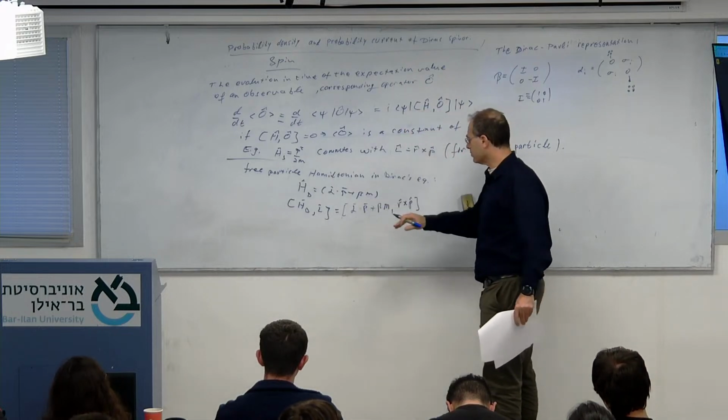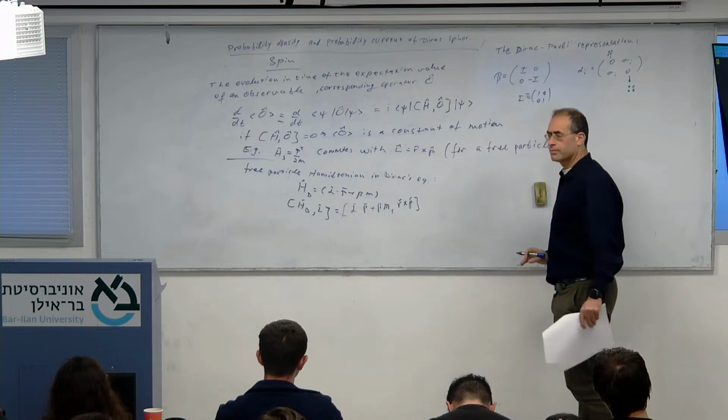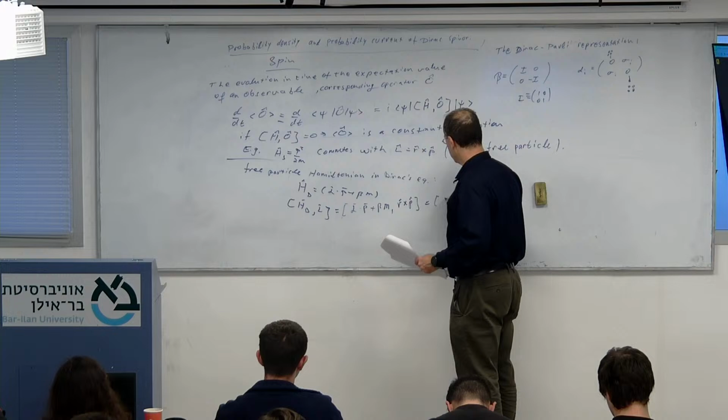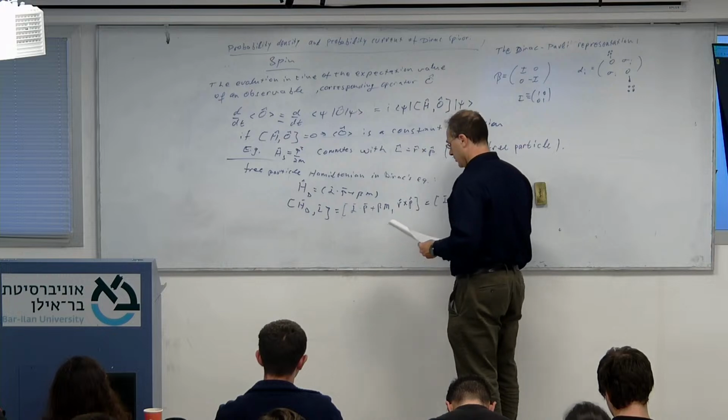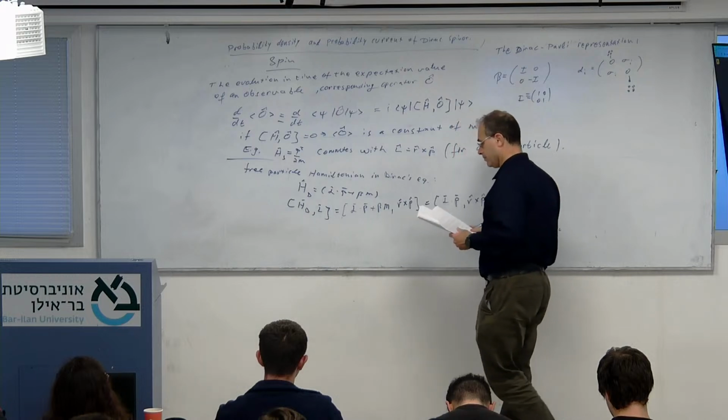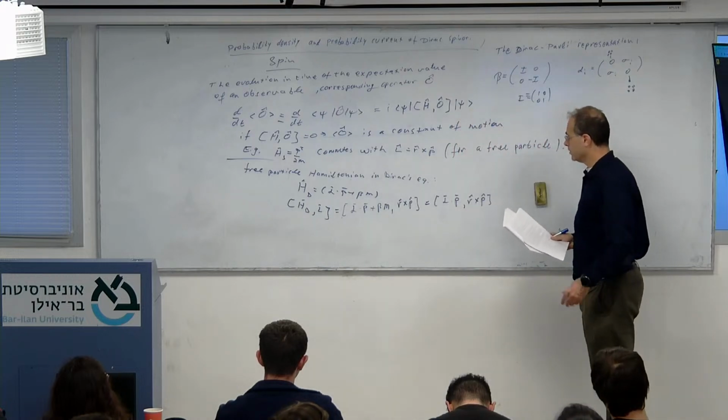Now beta m commutes, so we don't care about it, right? So this is just alpha dot p commuting with R cross p. Do they commute?